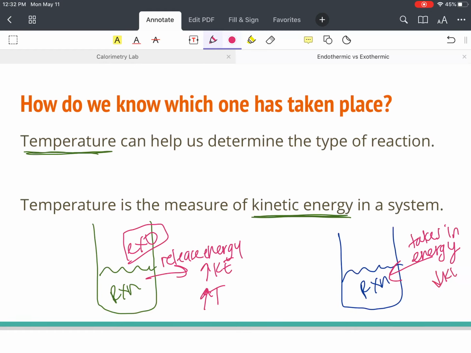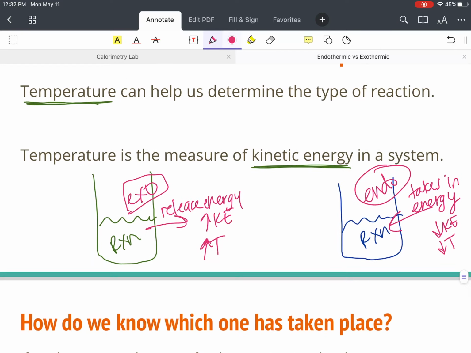So that means that in my outside environment, my kinetic energy is going down, which means my temperature has to go down. Okay, so anytime we see a decrease in temperature, it's going to be an endothermic reaction. Okay, because it's actually taken that energy and actually put it into the bonds. Okay, so that means there's less energy in the outside environment. So it's because it's taken into the bonds.